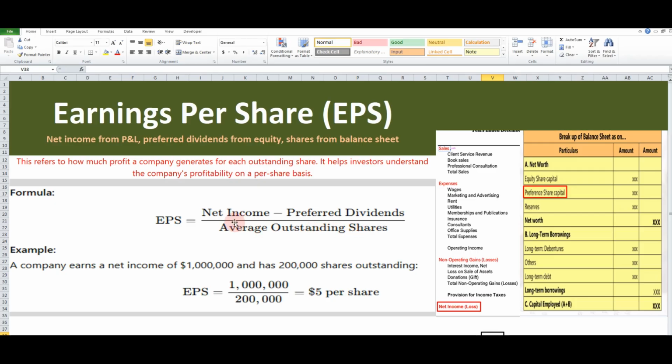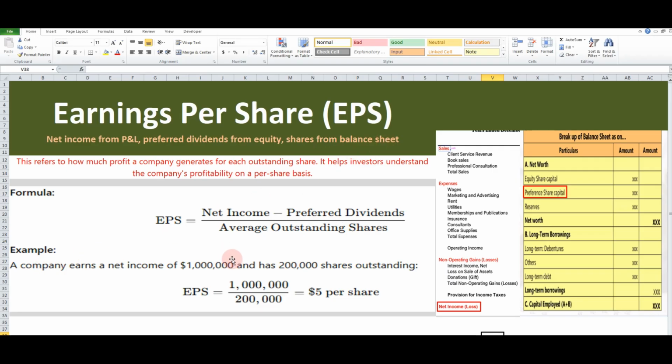We can take net income from the P&L, dividend from equity, and average outstanding shares from the balance sheet.